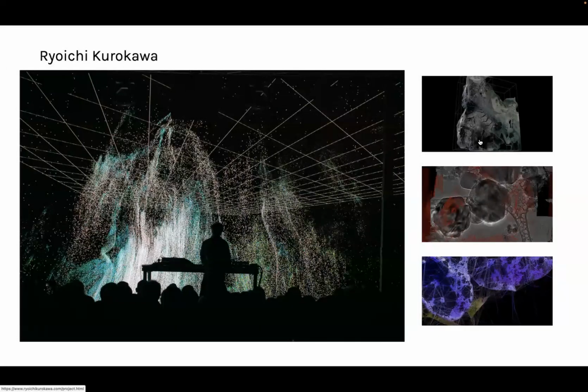Another artist I'd highly recommend checking out is another Japanese artist called Ryoichi Kurokawa. He has a more audiovisual approach. He's more of a performer than someone who does installations, but his work's really fantastic. Particularly the later work is taking information from nature.